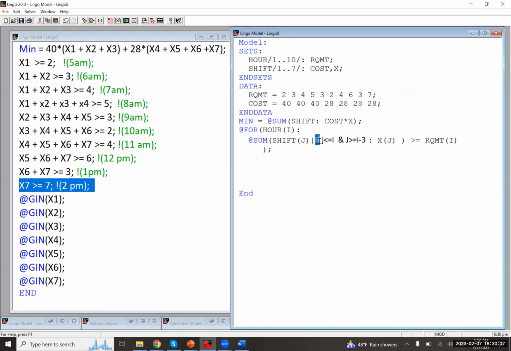So I'm going to do this: J is less than or equal to I. So J is less than or equal to I. I included it here, so I'm going to take this out.